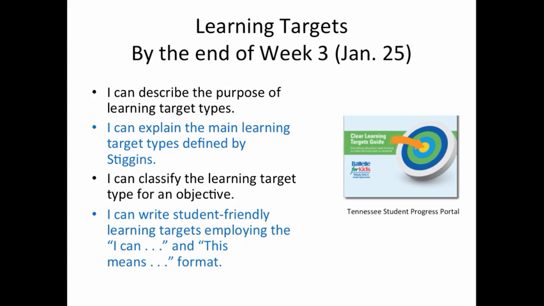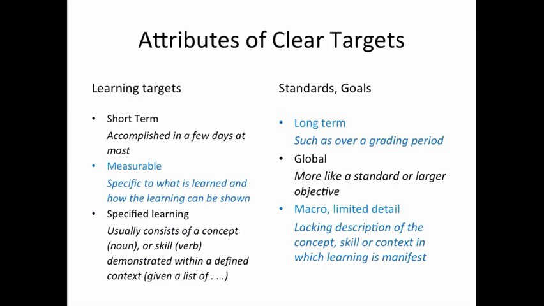By the end of your study this week, you'll be able to explain the main learning types defined by Stiggins. You'll be able to classify objectives for their learning target type, and then you'll be able to write student-friendly learning targets. So as you study the resources for week 3, these are the things you're going to be leaning toward in terms of skill development and knowledge development.